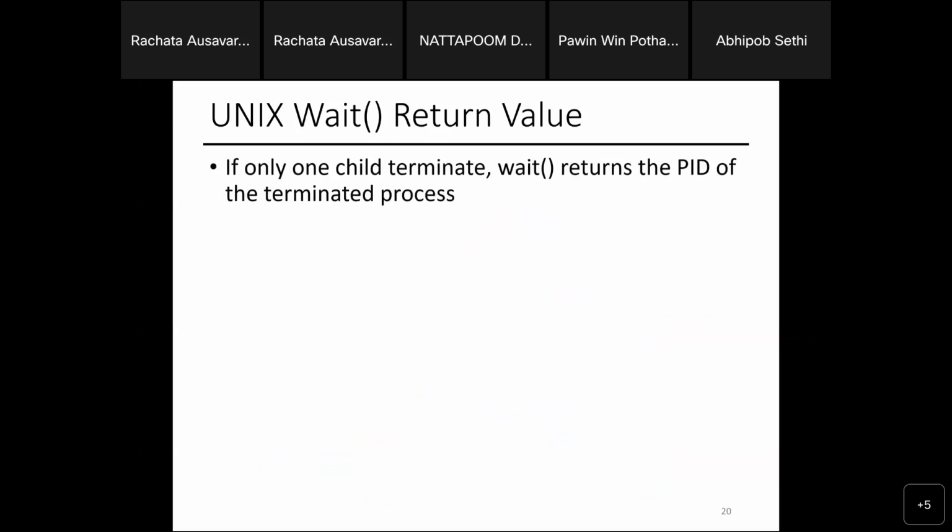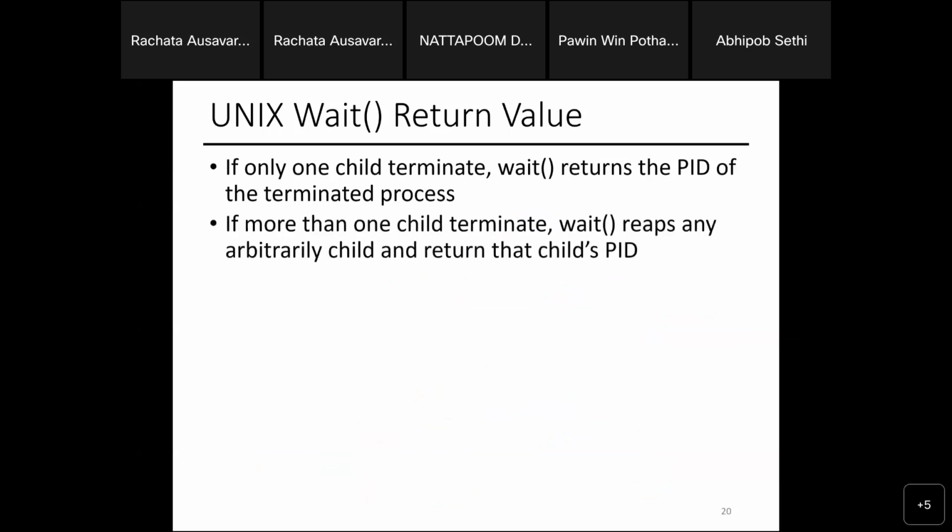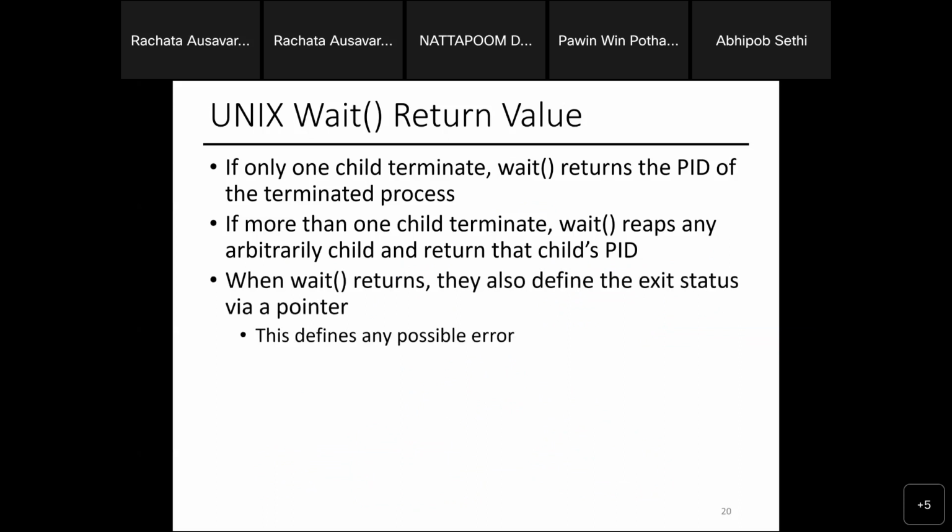If only one child terminates, wait will return the process ID of that child. If more than one terminates, you pick an arbitrary child and return that PID. Just to make note of that: let's say two of them finish at the same time, you get a random PID. And when wait returns, it also defines the exit status using a pointer.